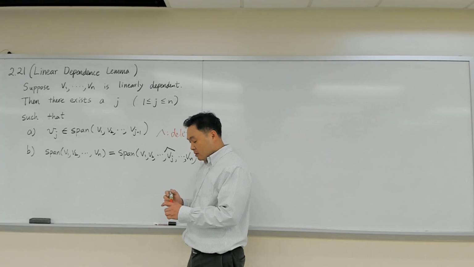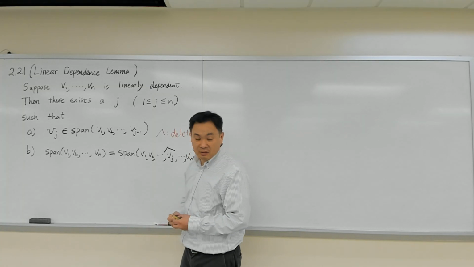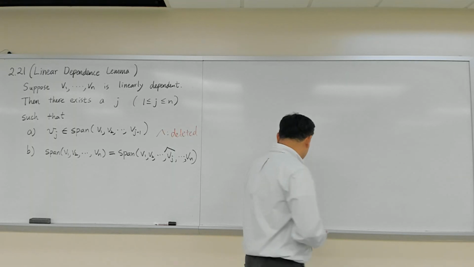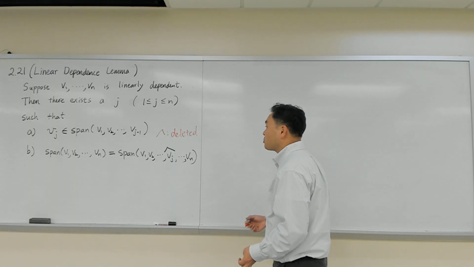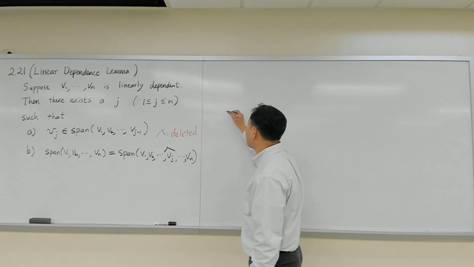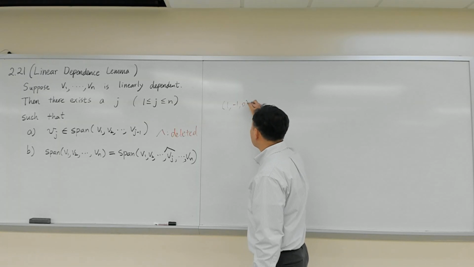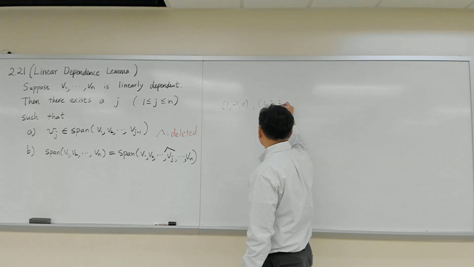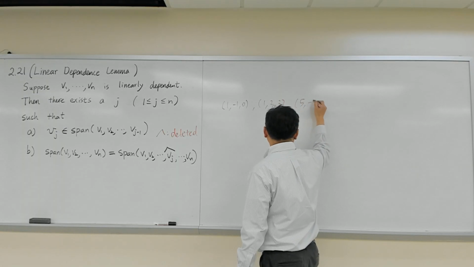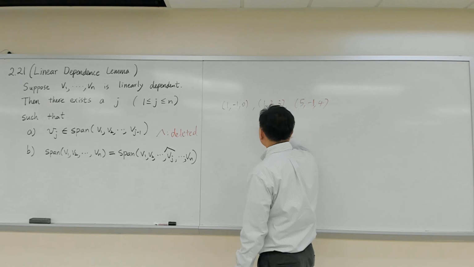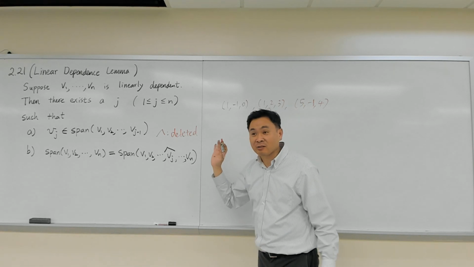Now, if you think about this lemma from our previous context, we had an example that we just did, which is (1, -1, 0), (1, 2, 3), and (5, -1, 4). We found out that these three vectors are linearly dependent, right?